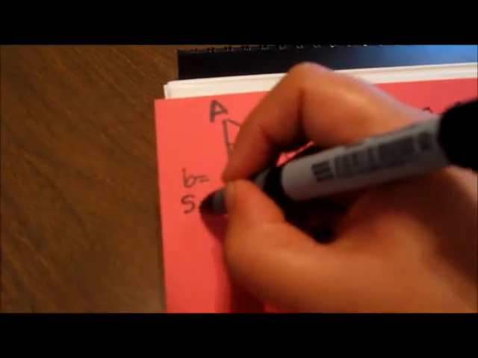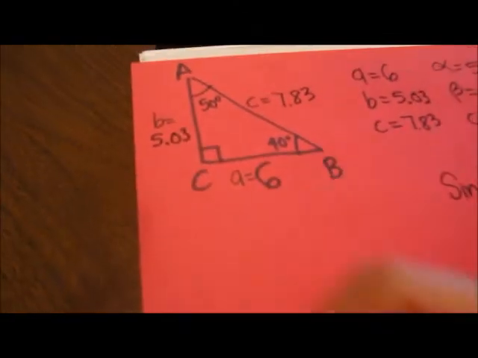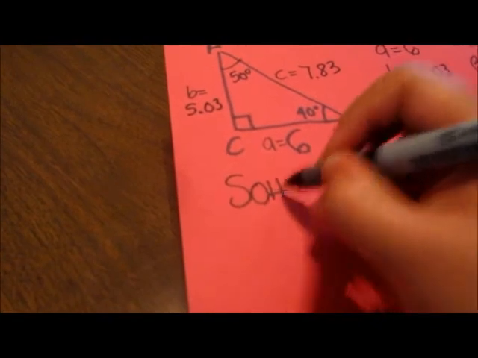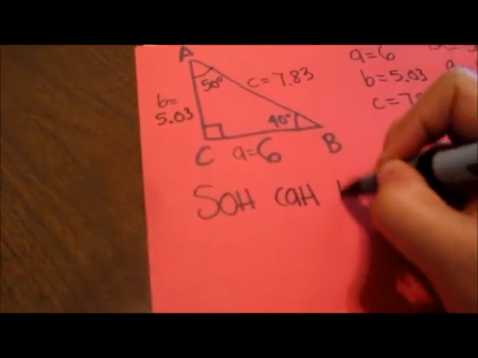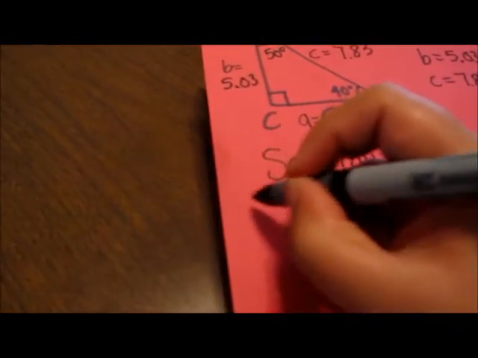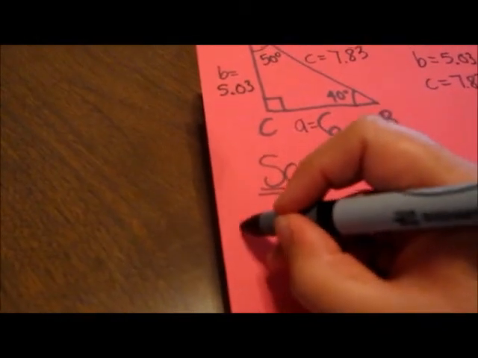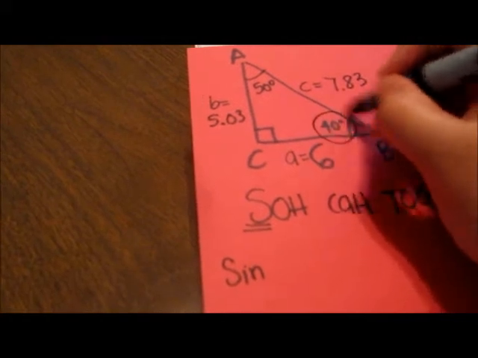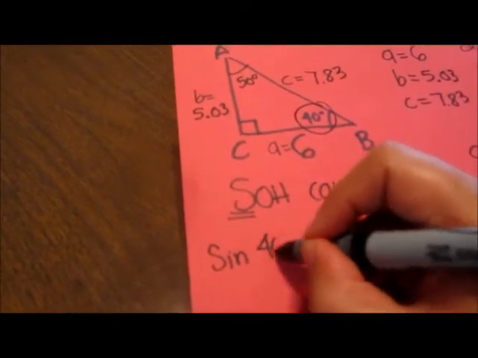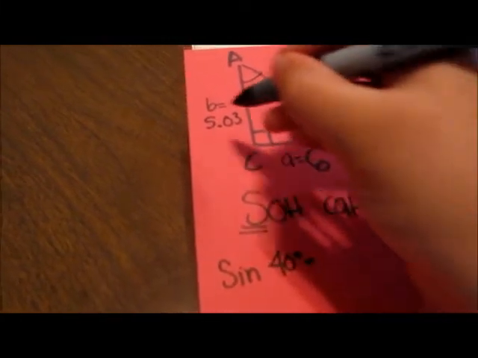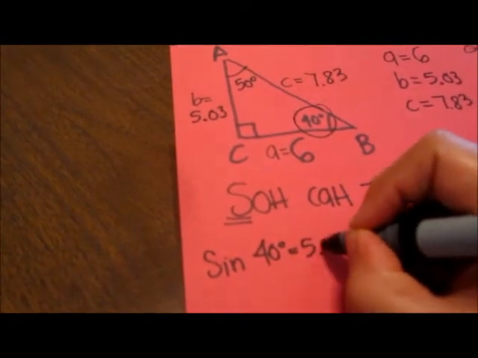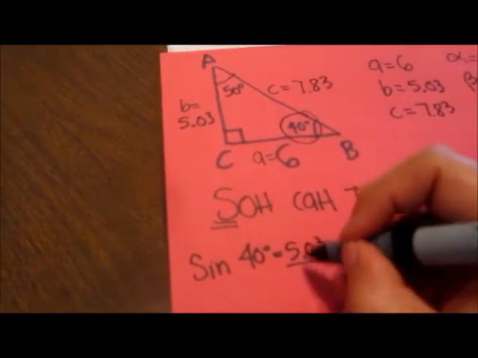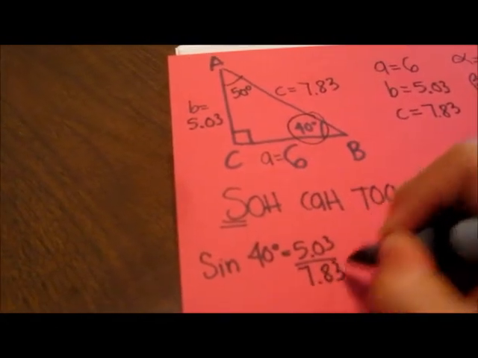Since we have all the information that we need, now we can fill the functions. Sol, ca, do. I will start with sine. Sine of 40 equals opposite 5.03 over hypotenuse, that equals 7.83.